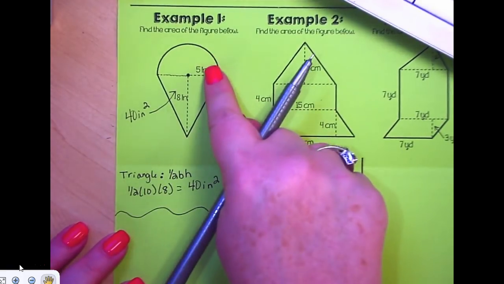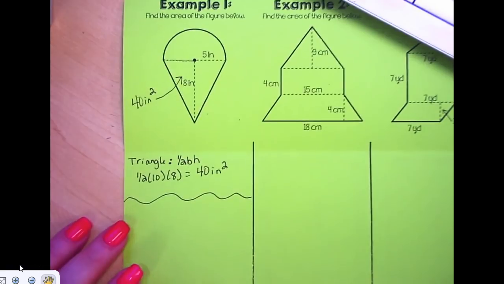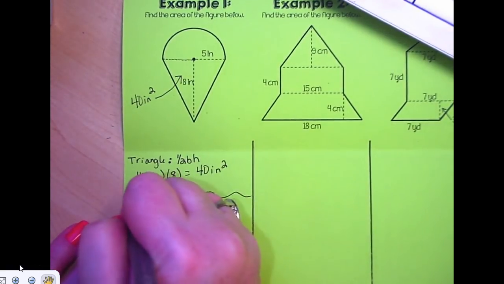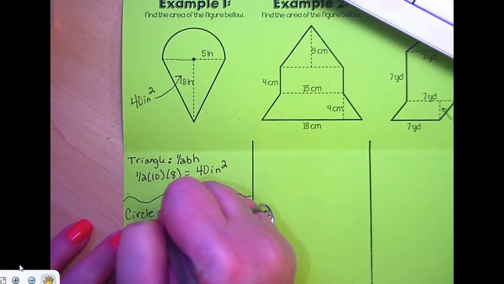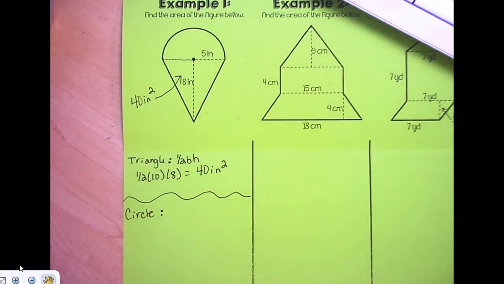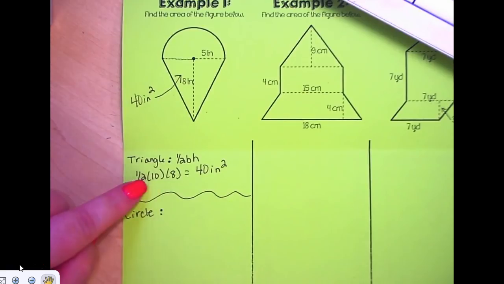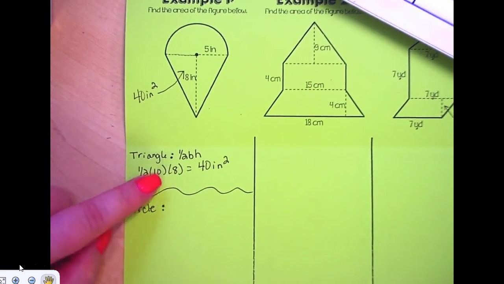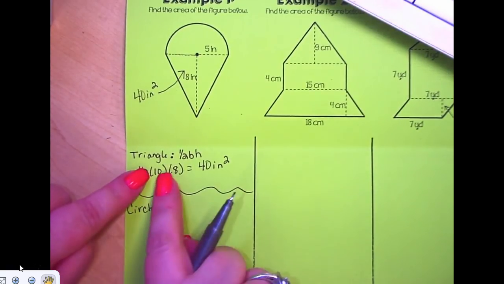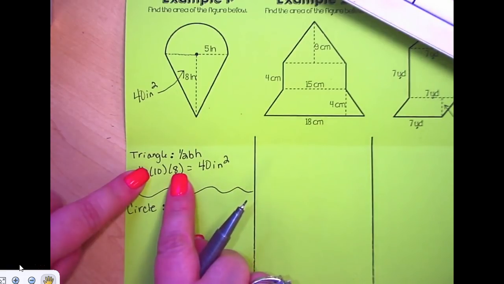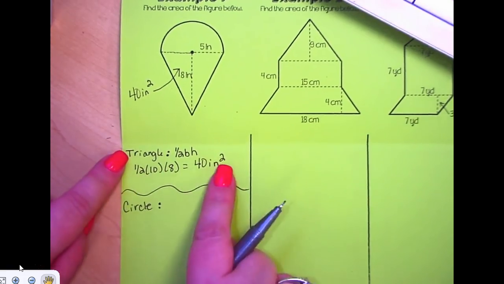Now we need to find the area of the circle. I said half of 10 is 5, and that's dividing by 2. Or I could have said 10 times 8 is 80, and then half of 80 is 40.